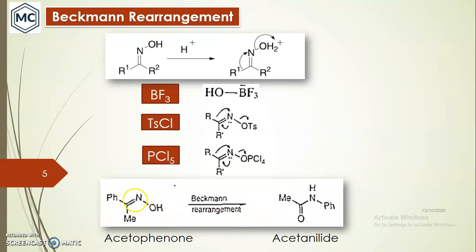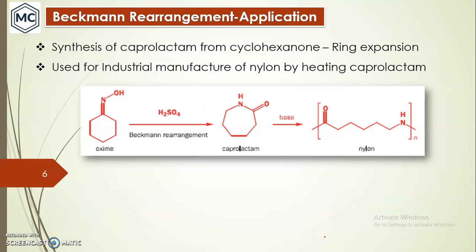And here C double bond O is formed. You can see that the methyl C double bond O is forming a product like this. N forms a bond with phenyl. This is acetanilide, right?